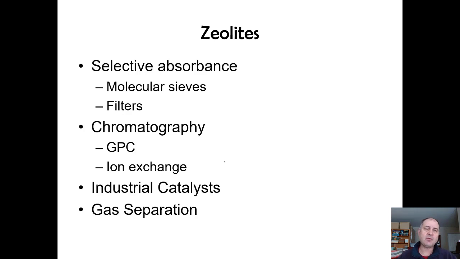And so here are just some of the examples of where zeolites are used. Desiccants, of course, selective absorbents, molecular sieves, filters, in gel permeation chromatography, which is different from what you've learned. I don't know, maybe you know about GPC, but it's not based on polarity, it's simply based on size.